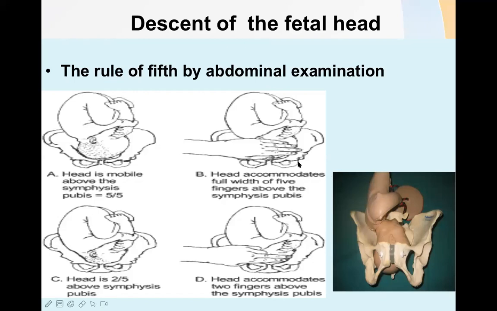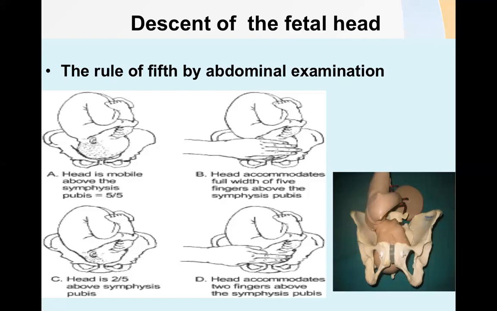Now see this. The other way is if all of my 5 fingers are accommodated by the head, meaning the head can accommodate all of the examiner's 5 fingers above the symphysis pubis.